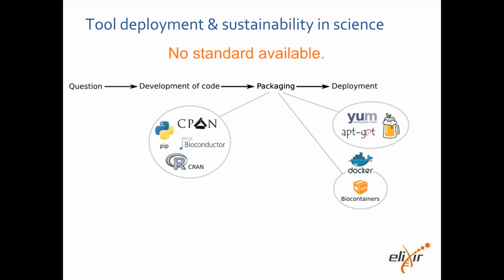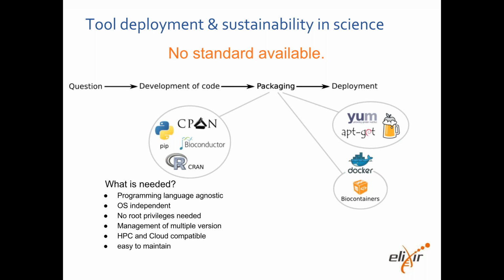The problem is there's no real standard available. Debian-based distributions or Fedora-based distributions have completely different package managers. They don't share their resources at all. CPAN and CRAN have more or less their own package manager and share very little.